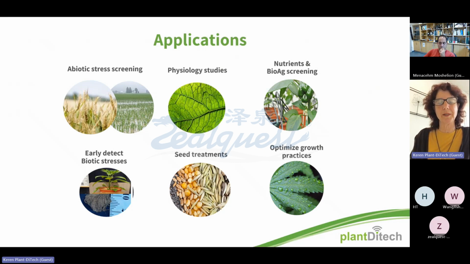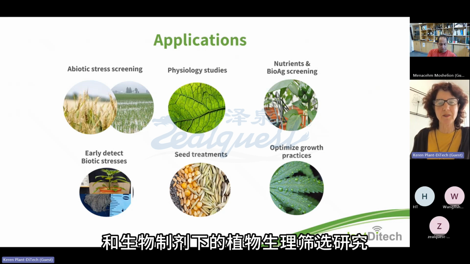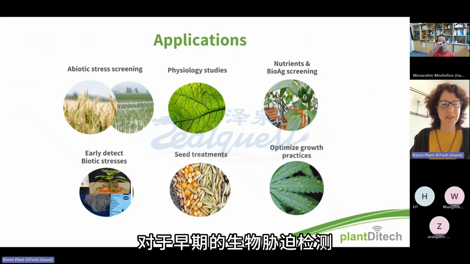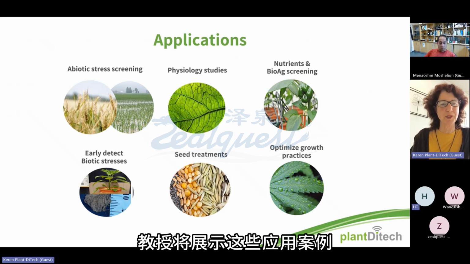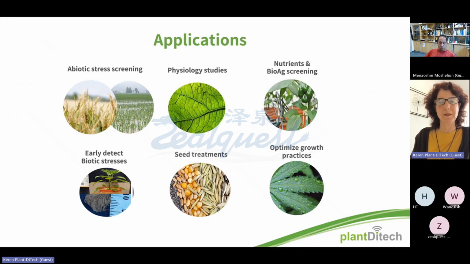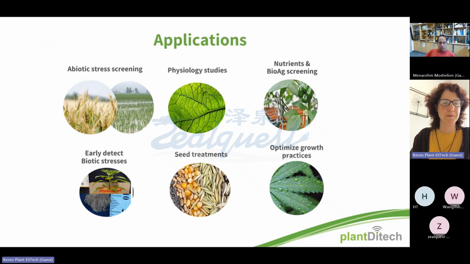We also provide physiological studies with the system, nutrients and bioag screening of different kinds, early detection of biotic stress, and Menachem will show examples for everything I described. Also seed treatments, of how the whole plant is functioning after the application of seed treatments, and optimization of growth practices for plants.